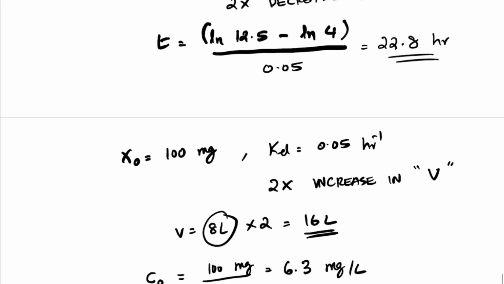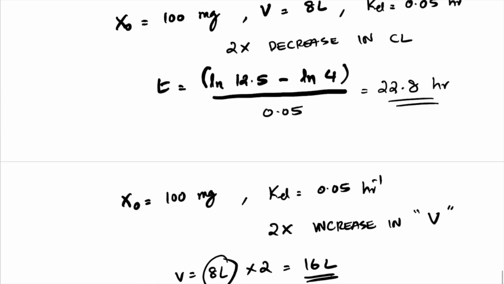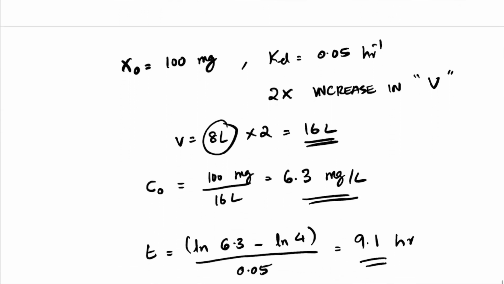When the KEL changed because of a decrease in clearance, the duration increased, which is expected. But when the KEL changed because of an increase in volume of distribution, this impacted the peak level, which has an impact on the duration of effect, and the duration is going to be lower.